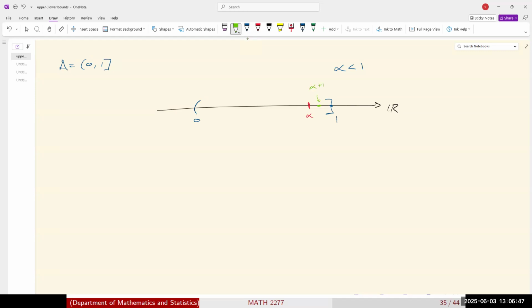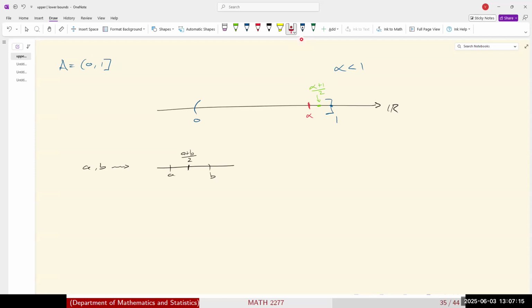Alpha plus 1 divided by 2. That's the average, right? If I give you two numbers, A and B, how are you going to get an element in between them? Here's A, here's B. You could get an element directly in between them if you do (A plus B) over 2, the average. So just take the average of these two elements and you get a number in between.